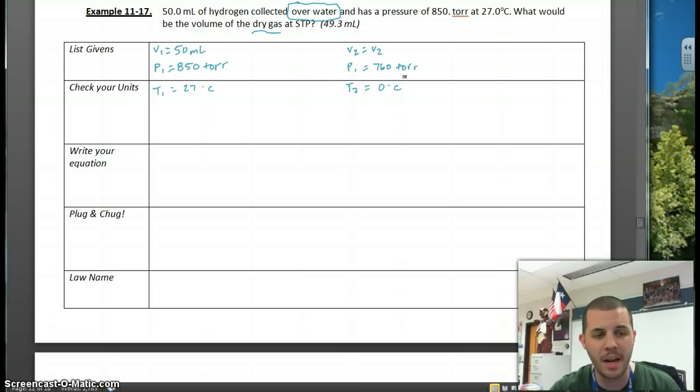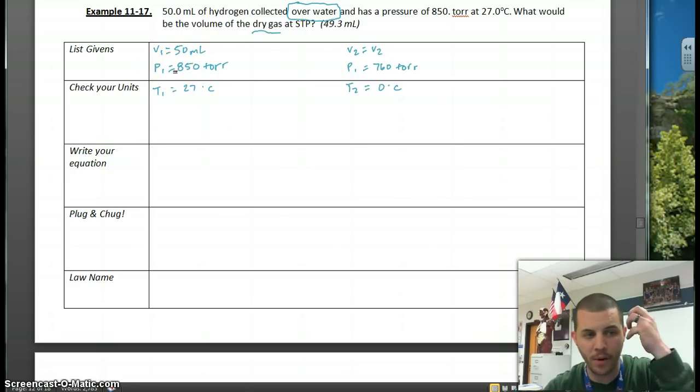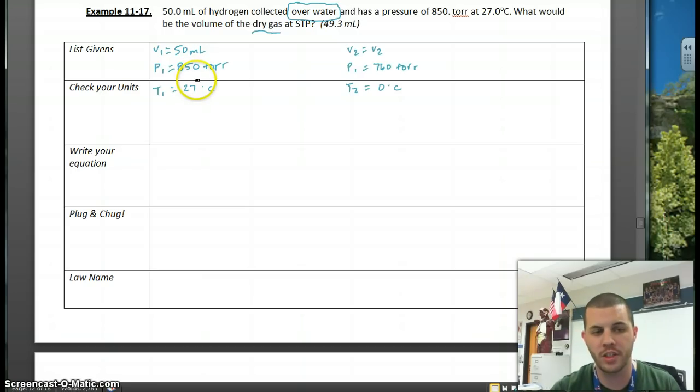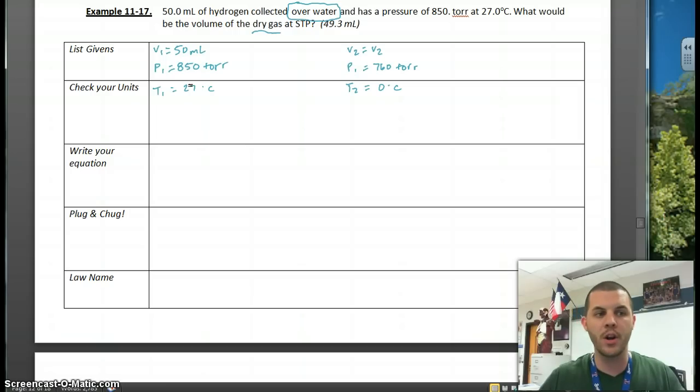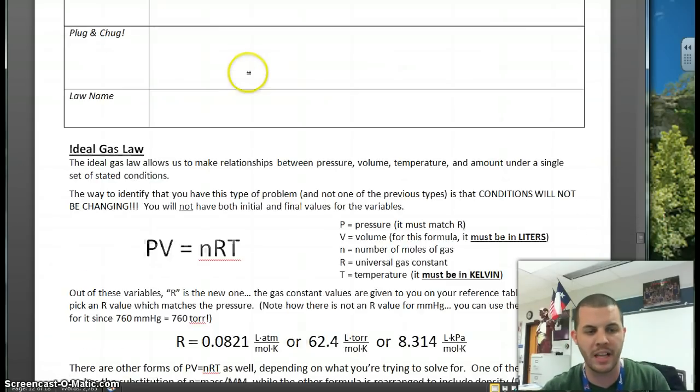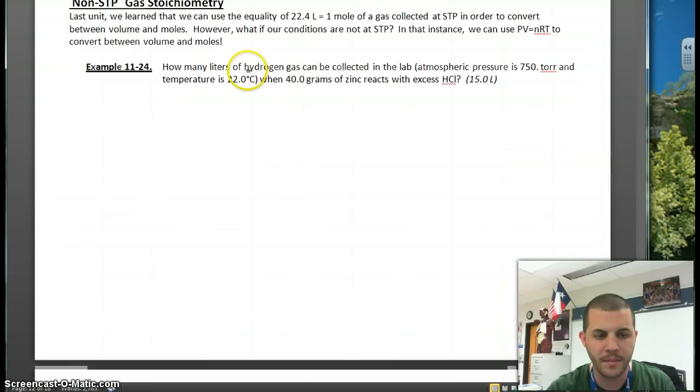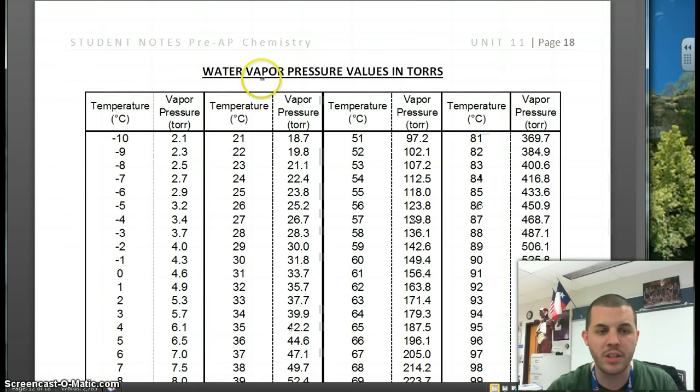Now, as I mentioned before, this 850 torr right here, this pressure of my wet gas, that's the pressure of the hydrogen, and it's also the pressure of the water. So what we need to do is subtract out the vapor pressure. How do I know what the vapor pressure is? Well, let's look at this right here, 27 degrees Celsius. This is a very important number. What we want to do now is flip to the last page of our notes, to this vapor pressure chart in torrs.